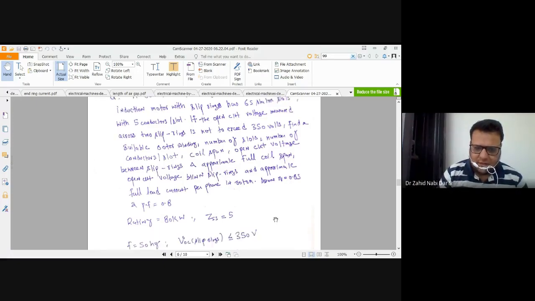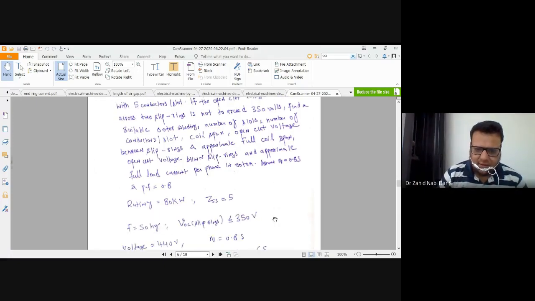So obviously first we'll write what are the terms given. The power output rating is 80 kilowatt. Conductors per slot, that is ZSS, is given as 5, and your frequency is 50 hertz.